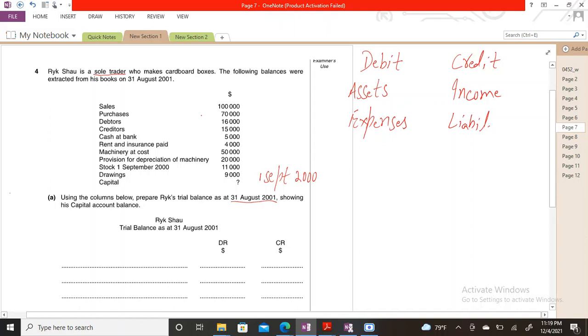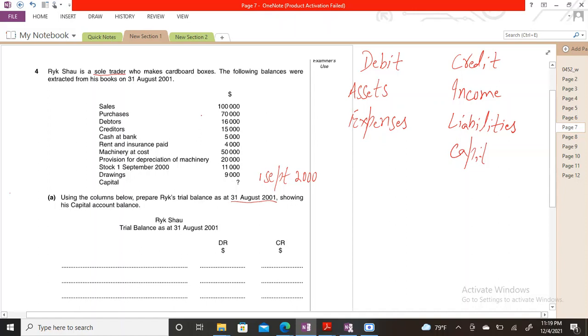Long-term liabilities are more than 1 year, for example, a loan taken from the bank or from friends or relatives, and current liabilities are less than 1 year, like accounts payable, bank overdraft, etc. And then the capital, resources invested by the owner in the business.